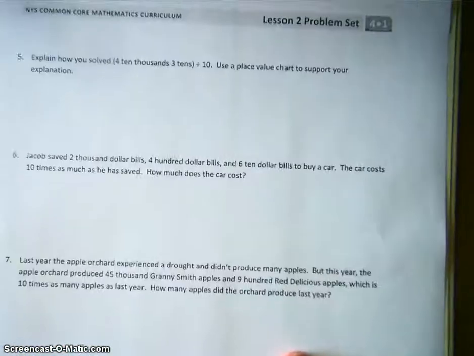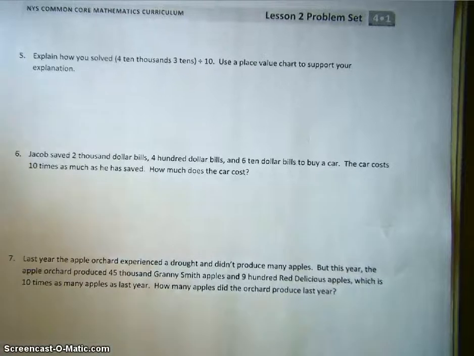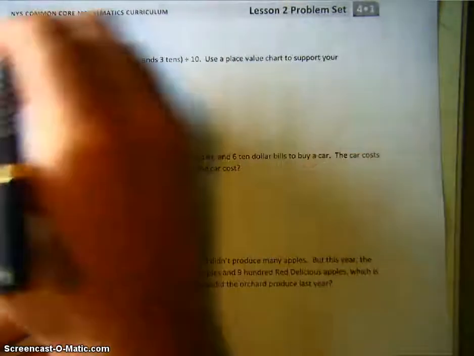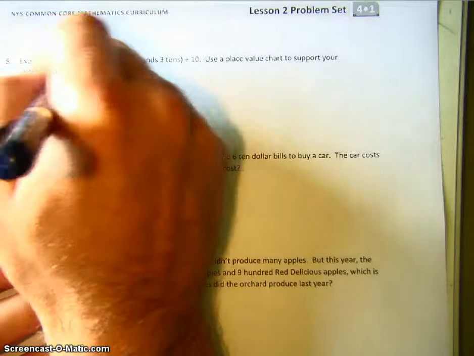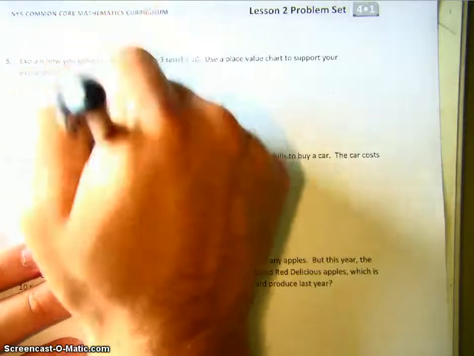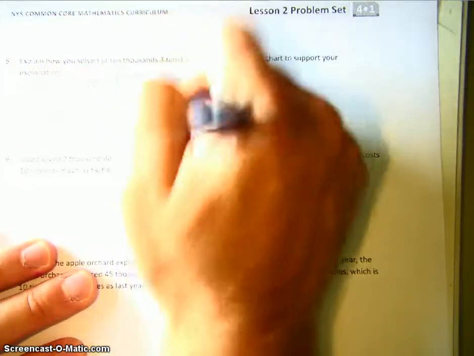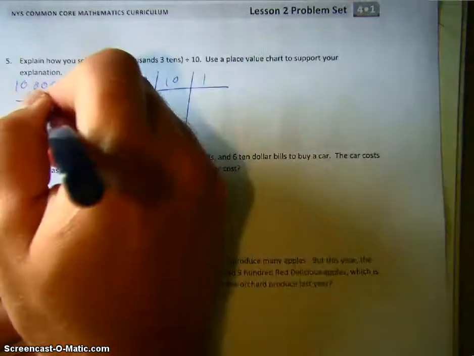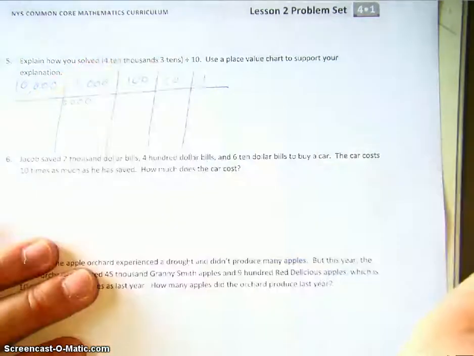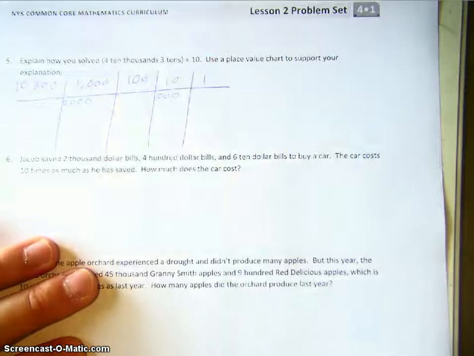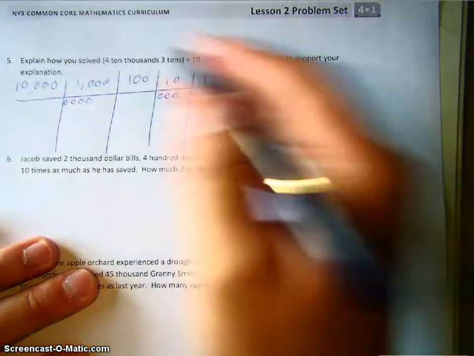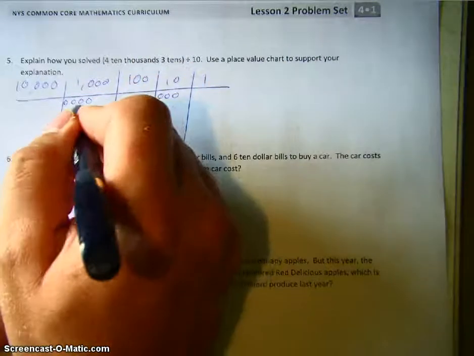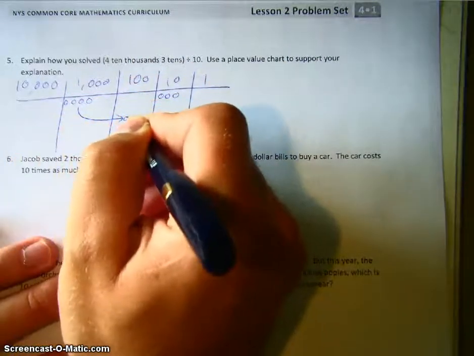We're going to explain how we solved 4 10,000s times 3 10s divided by 10. So again, we're going to make our place value chart here real quick. This one we just need a place value chart and an explanation. So we're starting off with 4 10,000s and 3 10s. Looking like that. So remember that when we divide by 10, we're moving one spot to the right.